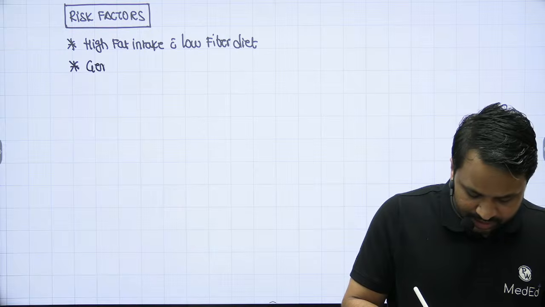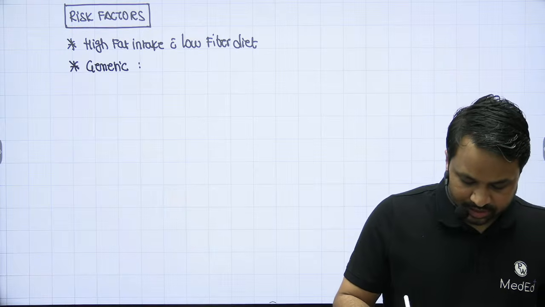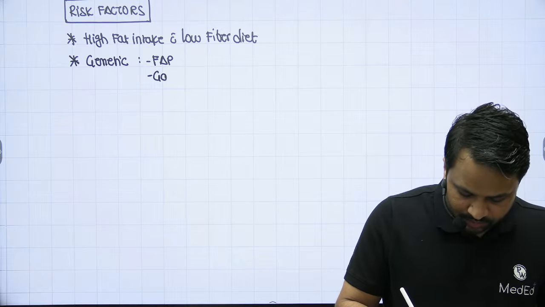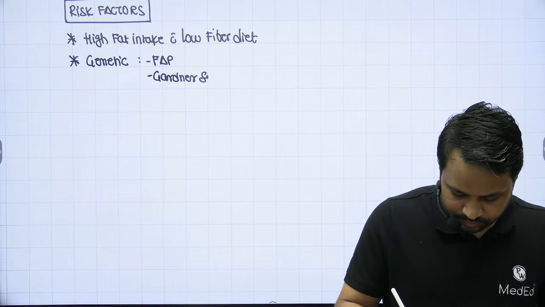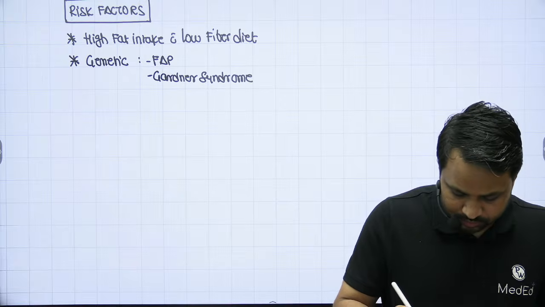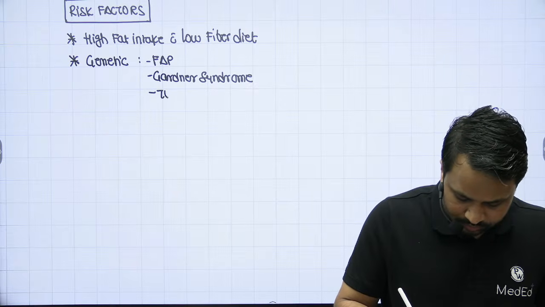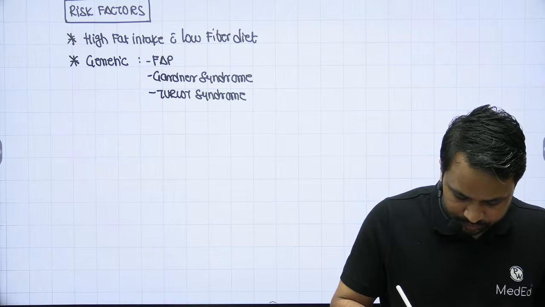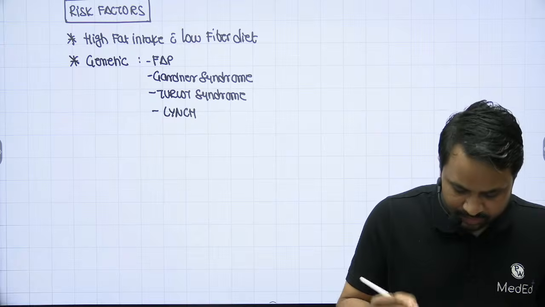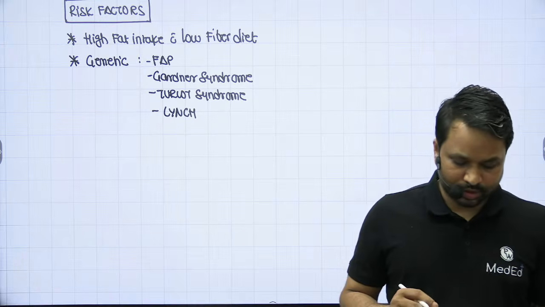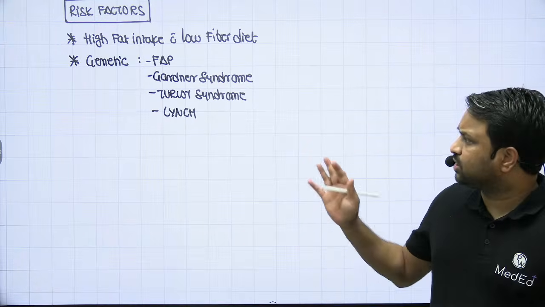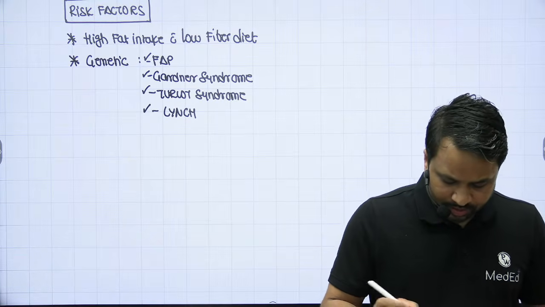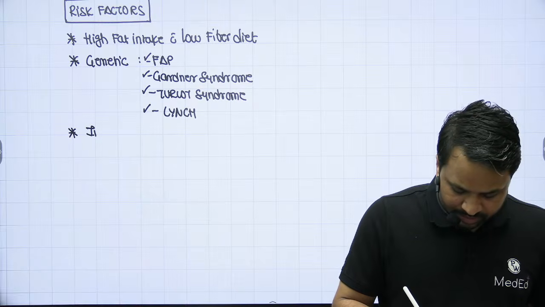Then you have the genetic components, for example familial adenomatous polyposis, Gardner syndrome, Turcot syndrome, Lynch syndrome. Your Lynch is nothing but HNPCC, that is hereditary non-polyposis colorectal cancer. So FAP, Gardner syndrome, Turcot syndrome, Lynch syndrome are the genetic components that you have to remember. It is also associated with inflammatory bowel disease.